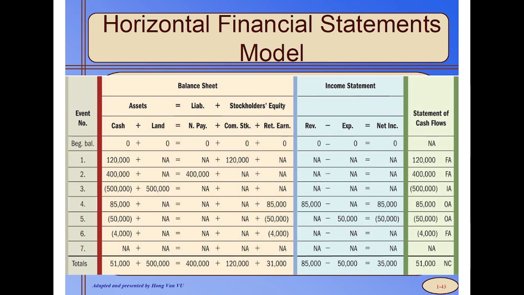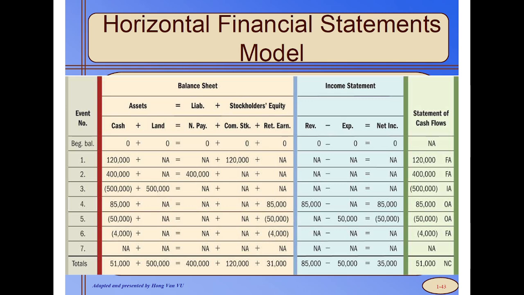This is a tool to visualize how business events affect the financial statements. This shows the transaction across the balance sheet, income statement, and statement of cash flows simultaneously, instead of just showing the impact on the accounting equation.